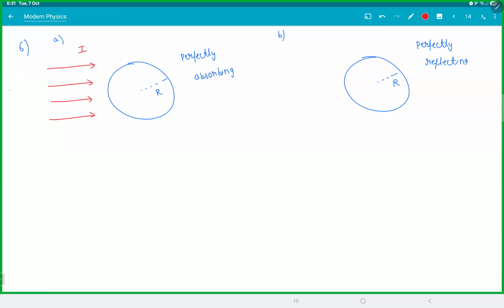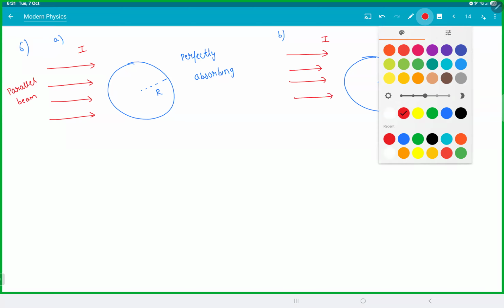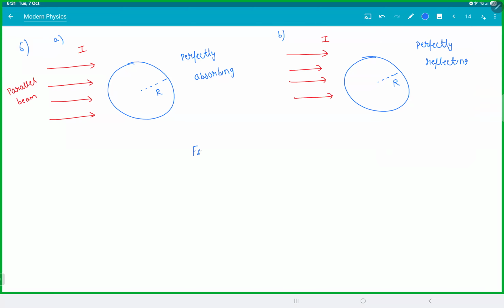I is the intensity. Find the force acting on the sphere. In the second case, it's perfectly reflecting. That means the light rays will hit the ball and bounce off. Find the force on the sphere.